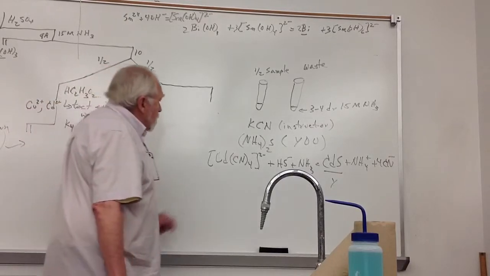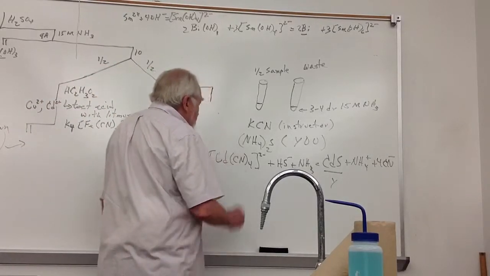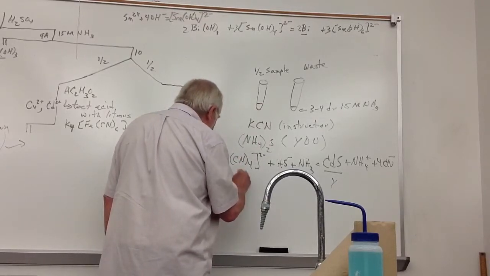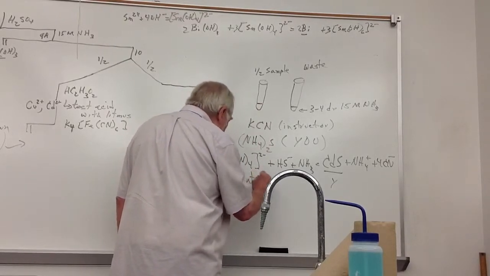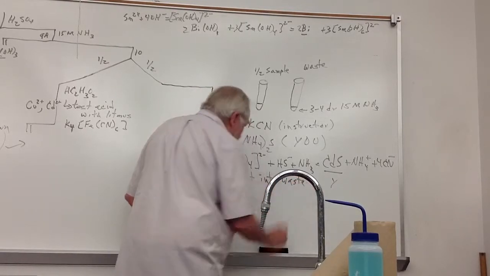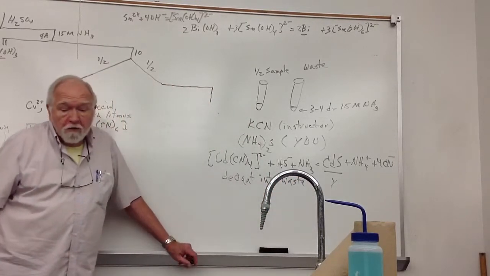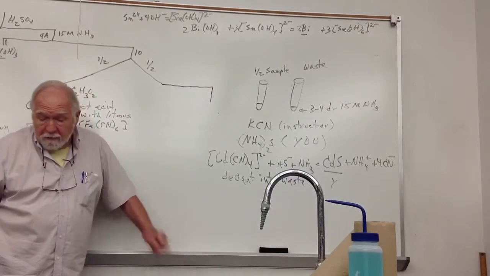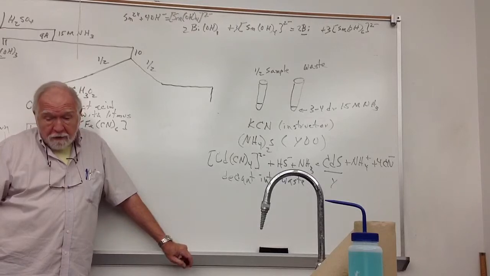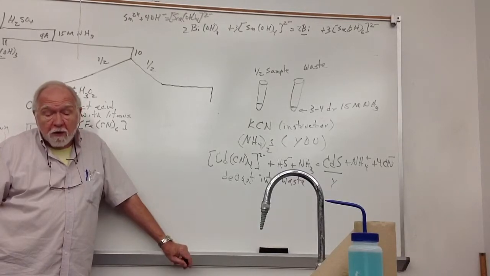So what you're going to do, you add the ammonium sulfide, centrifuge, decant into the waste tube. You wash, you put a drop of 15 molar, 2 drops, it's not critical, you just want to make sure it's basic. So you wash the precipitate with water and 15 molar ammonia.